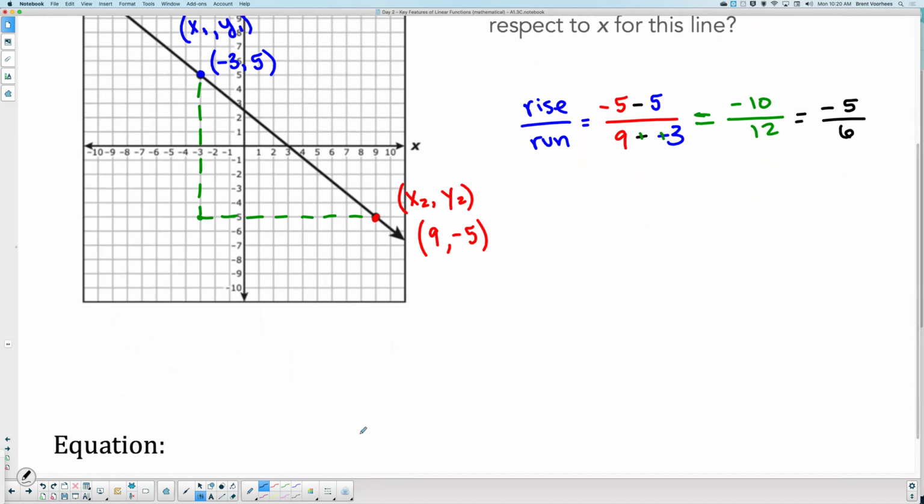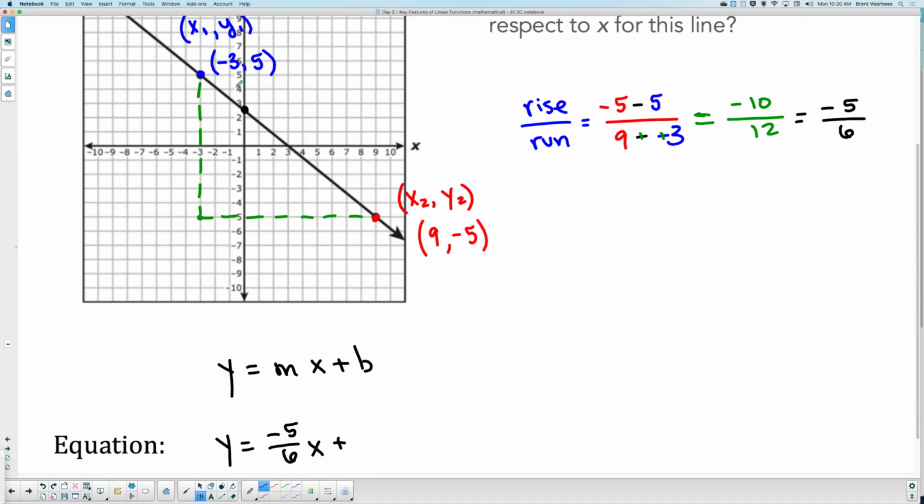Now, for the sake of time, I'm going to write out the equation real fast. Remember, our formula is y equals mx plus b. The slope you just found is -5 divided by 6, x. And then the y-intercept. I see it's a positive number. What do you guess that y-intercept is right there?